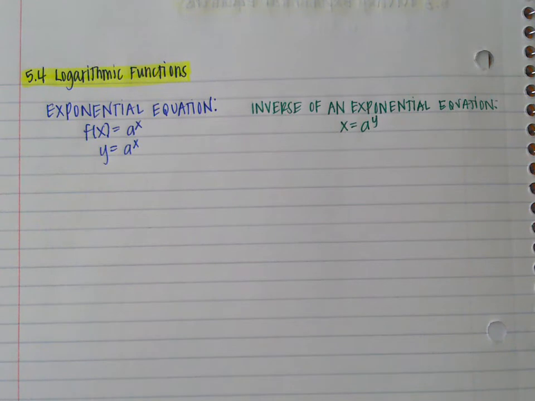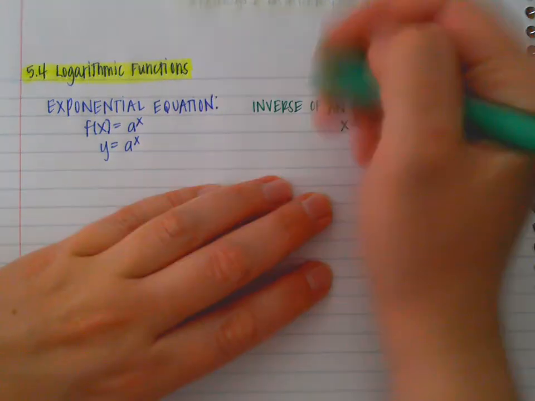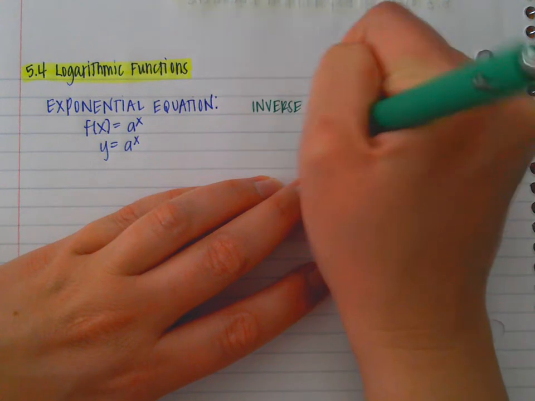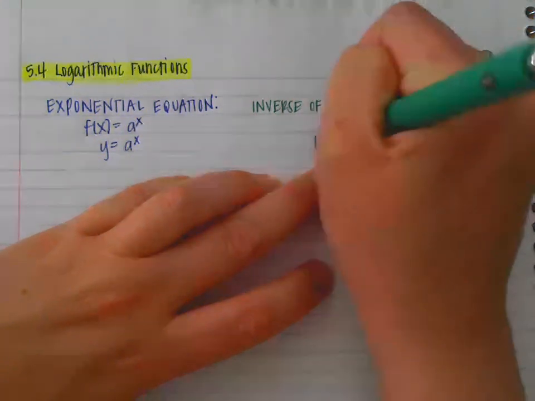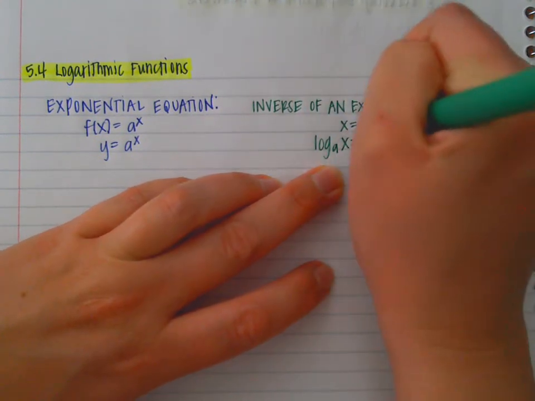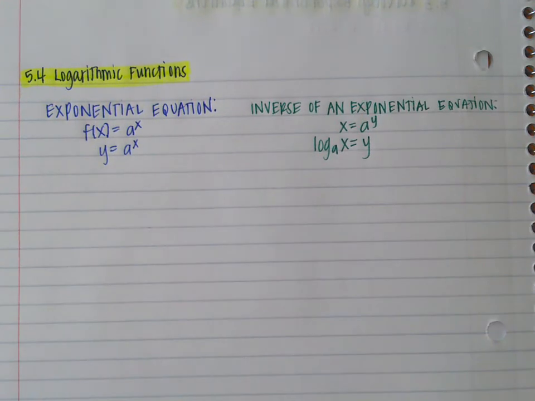And the only way to get y by itself is by using a logarithmic function. And so the way that we would rewrite that is going to be log base a of x equals y. That is the only way that we can ever isolate an exponent, is with a logarithmic function.